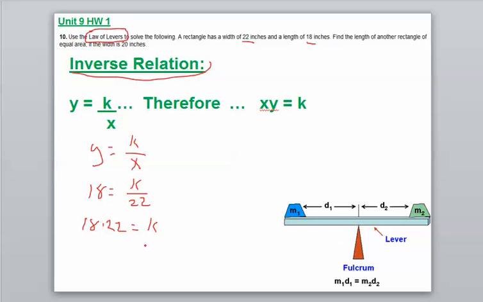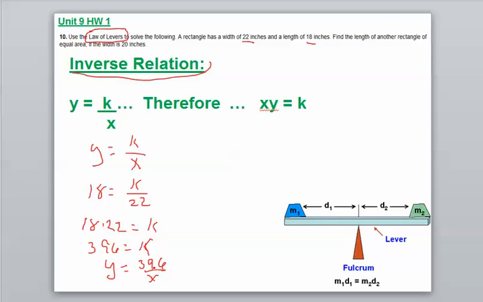Okay? So that means I need to multiply that out. I got my handy dandy calculator out. 18 times 22 is equal to 396. So going back to my original equation, 396 is what k is. And so what I'm going to do here is write my original equation, y equals 396 divided by x.